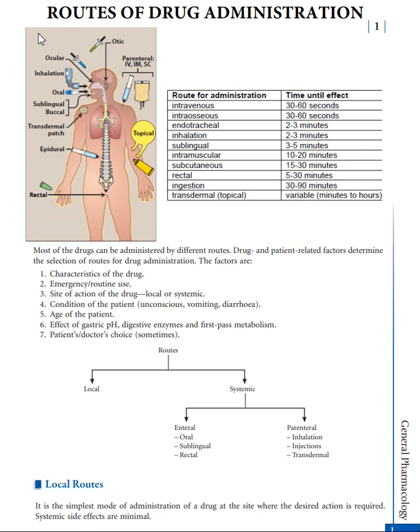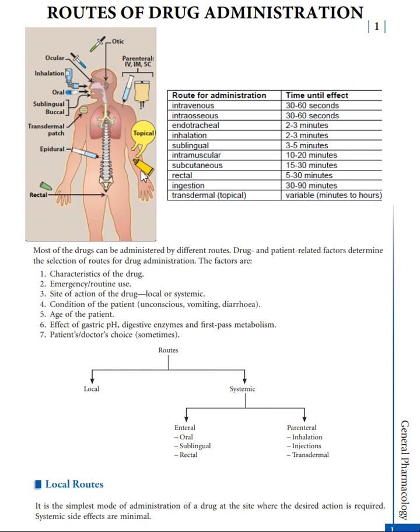Now, what are the local routes? In this pictograph, you can see and comprehend here. This is the oral route, a capsule. Then you have your sublingual and buccal. These are also included in your oral or your topical route.